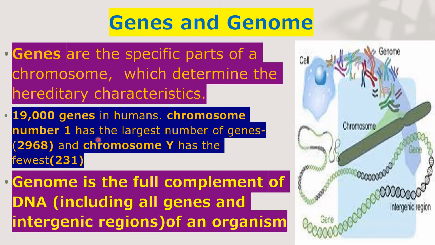Chromosome number 1 has the largest number of genes, 2,968 genes are present in chromosome number 1. Chromosome Y, that is present in males, has the fewest, 231 genes. Then what is genome?